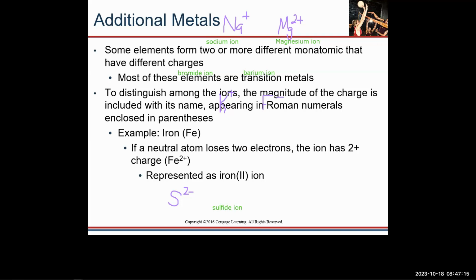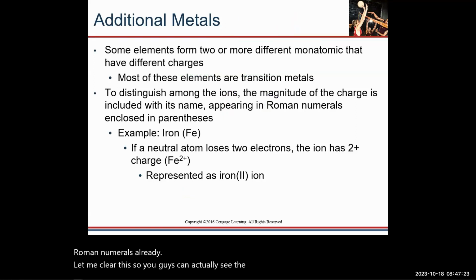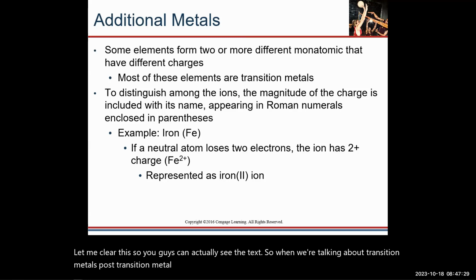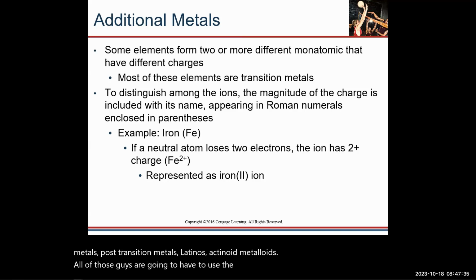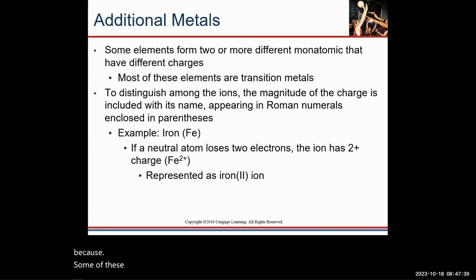So we've talked about Roman numerals already. When we're talking about transition metals, post-transition metals, lanthanoids, actinoids, metalloids, all of those guys are going to have to use the Roman numeral to let us know the charge because some of these metals can have multiple ions. They're not going to obey the octet rule.